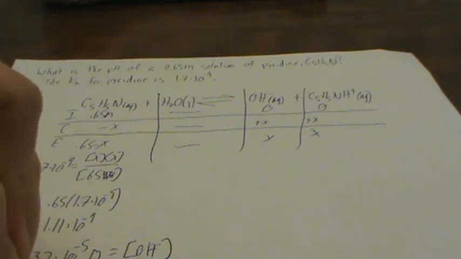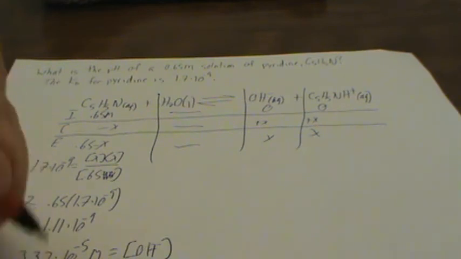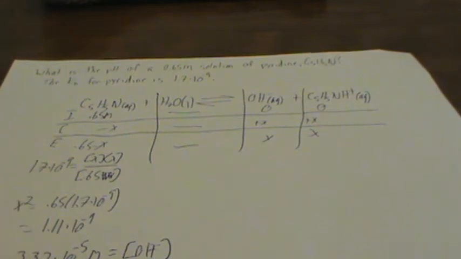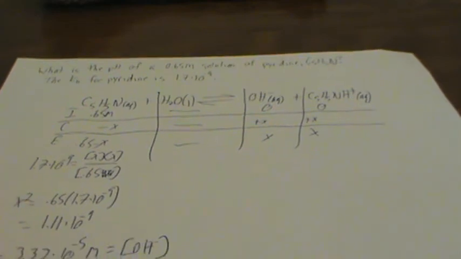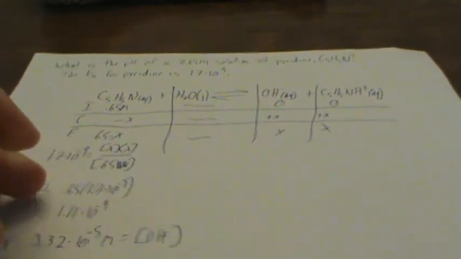I'm coming up with 4.49. Then to find the pH, we take 14 minus the pOH, 14 minus 4.49, and we come up with 9.51 for an answer.